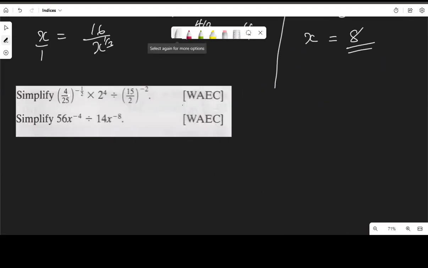We have to simplify 4 over 25 to the power of negative half multiplied by 2 to the power of 4 divided by 15 over 2 to the power of negative 2.